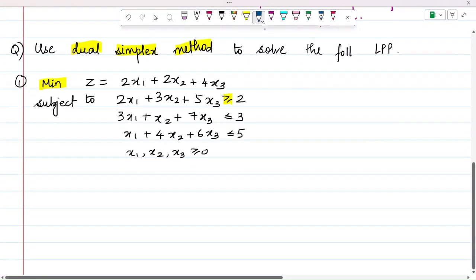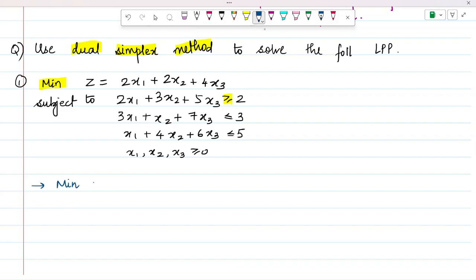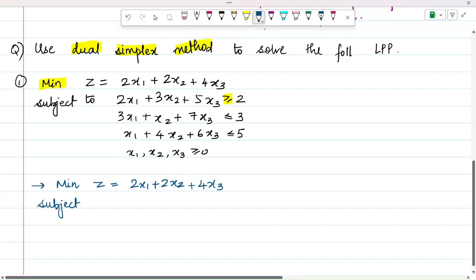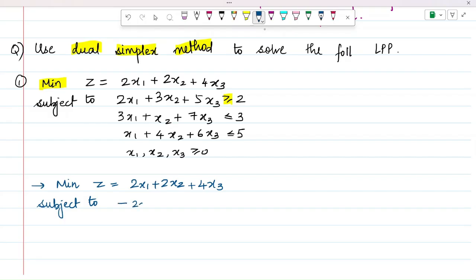To convert it into less than or equal to, we will be using multiplication by negative 1. So we'll write this as minimize z is equal to 2x1, 2x2, and 4x3 subject to, because I'm going to multiply by negative throughout, I'll write minus 2x1 minus 3x2 minus 5x3 less than or equal to negative 2 here.